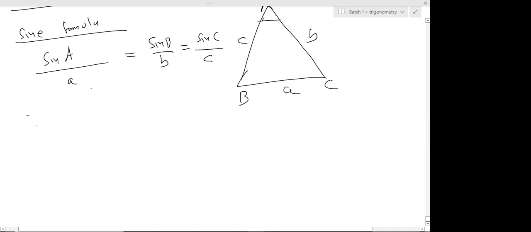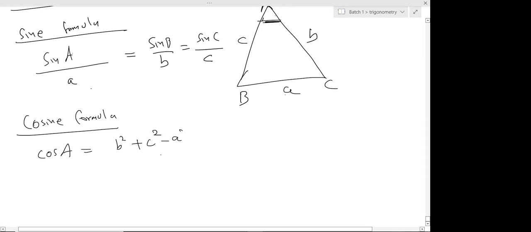Alright, what is cosine formula? If you have to find cos of angle A, then you can find that by b square plus c square minus a square upon 2bc. If you know the sides, then you can find any angle.